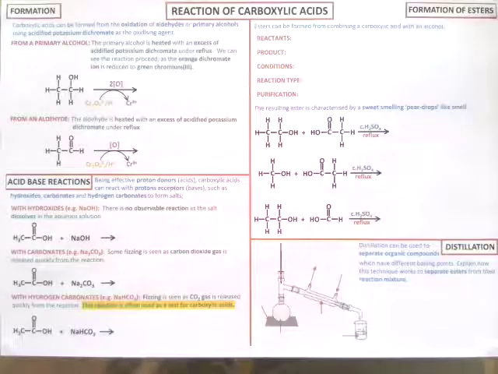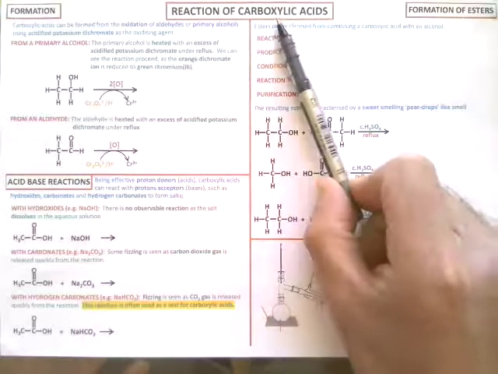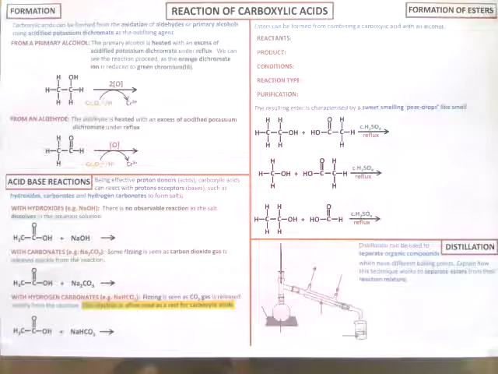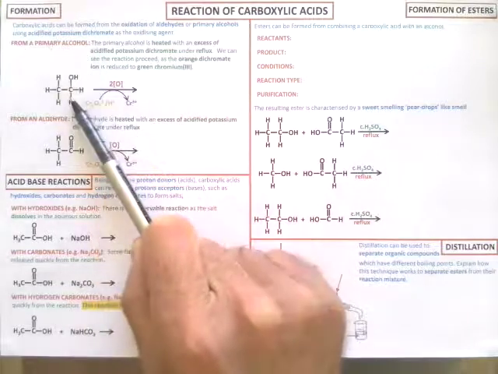Okay, so here we're going to take a look at the reaction of carboxylic acids. And first of all, we're going to start over here with their formation. So we've seen this process previously in our reaction of alcohols poster, where one way of making a carboxylic acid is to oxidize the primary alcohol.